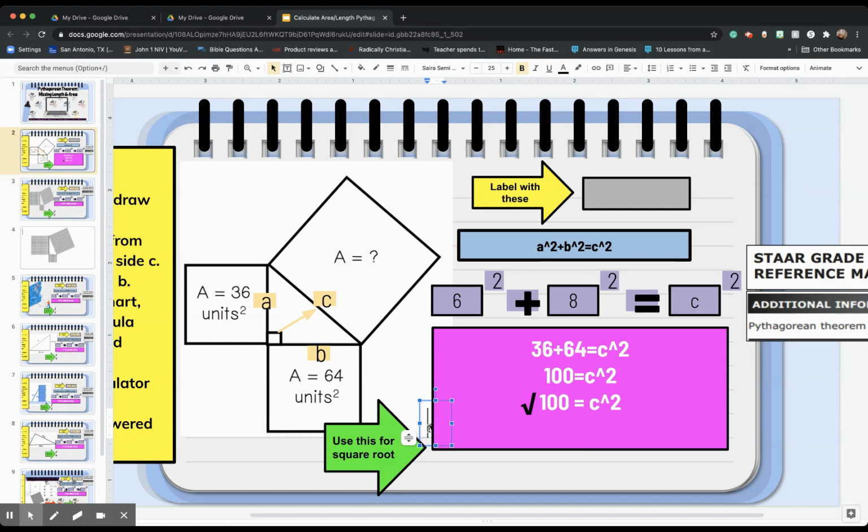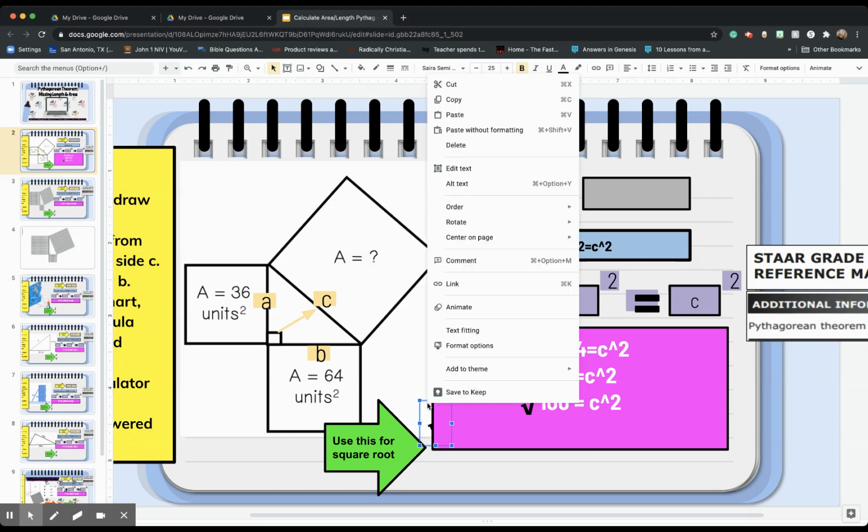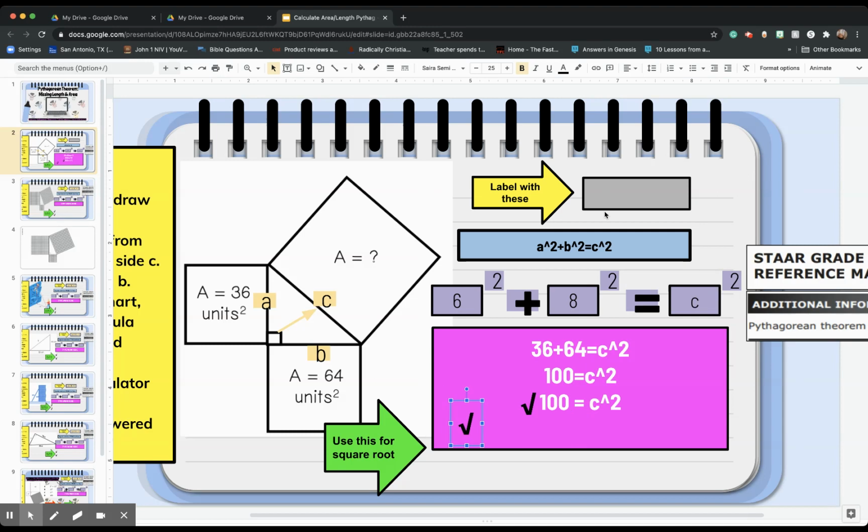And we would need to do the same with the other one. So I'm going to make sure that's at the front, and then I'd bring it over. And our answer would be the square root of 100 is 10, right? So that would be the length of C, but it's not asking us for C in this case. It is asking us for the area. So the area would be 100 units squared.